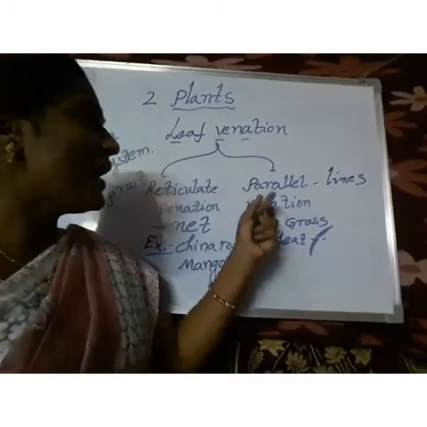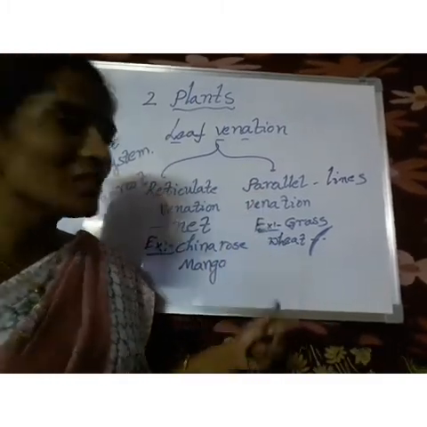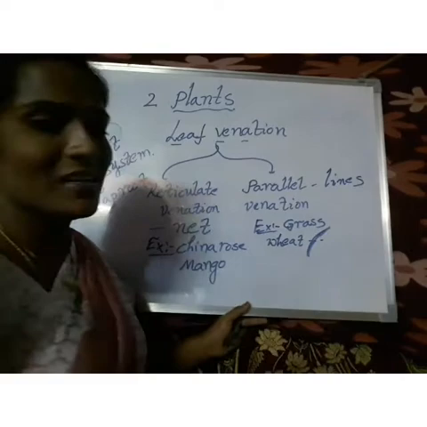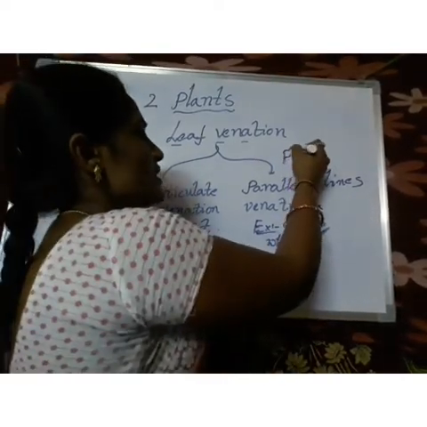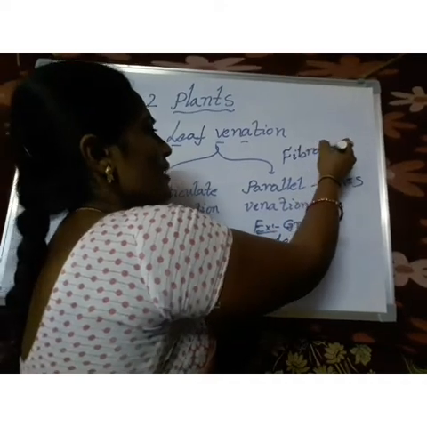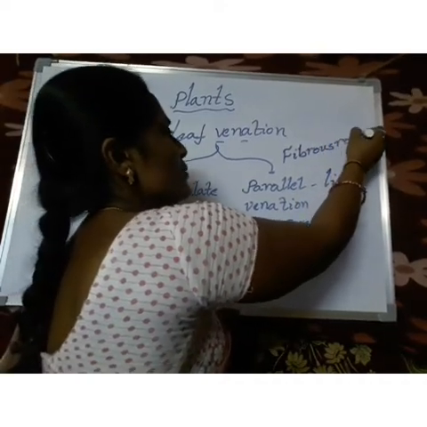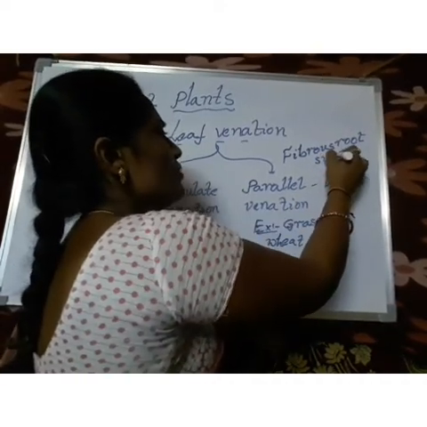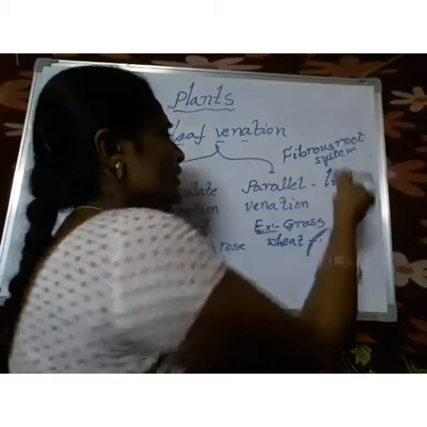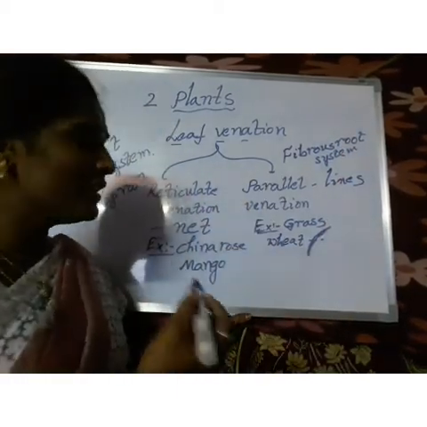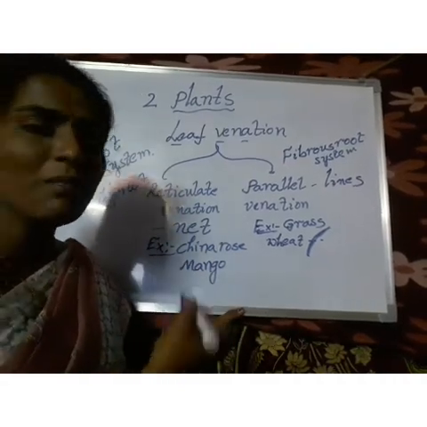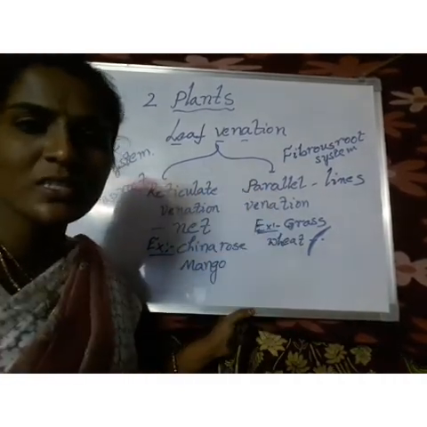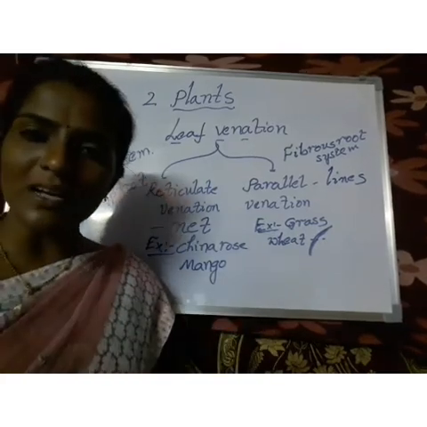And in parallel venation, the leaves have line-like structures, and this belongs to the fibrous root system. So if you want to tell anybody with these roots or these leaves only, we can say whether it is a taproot system or fibrous root system. We will not take it out from the garden.